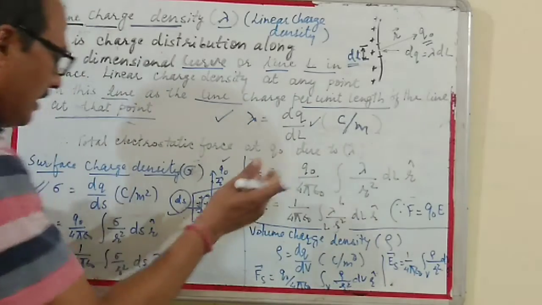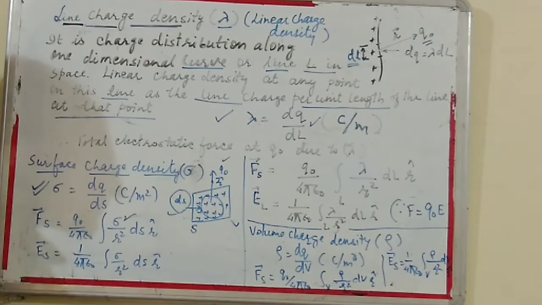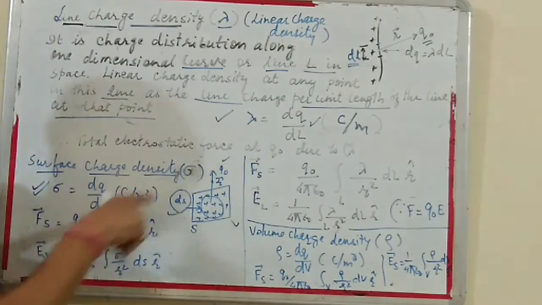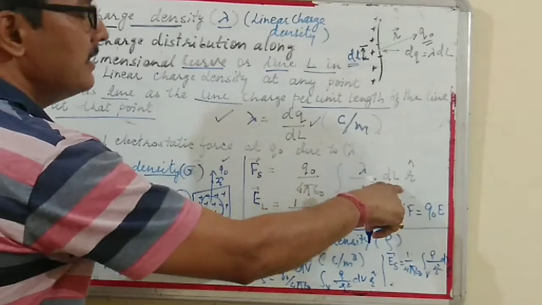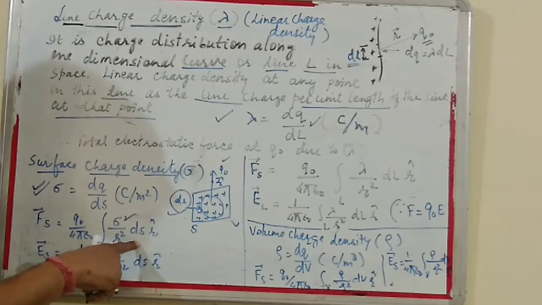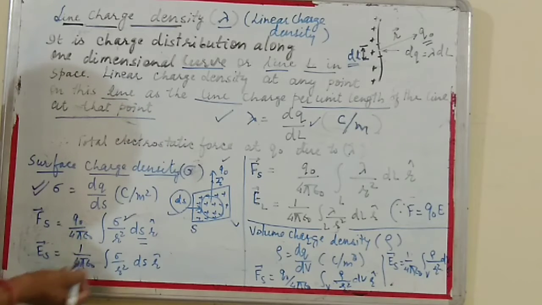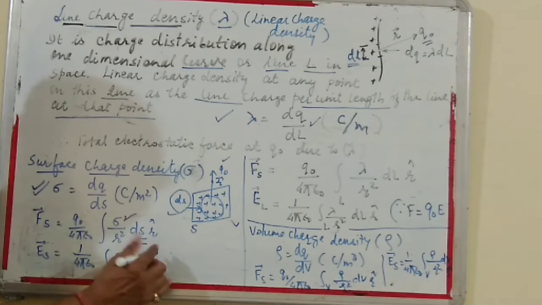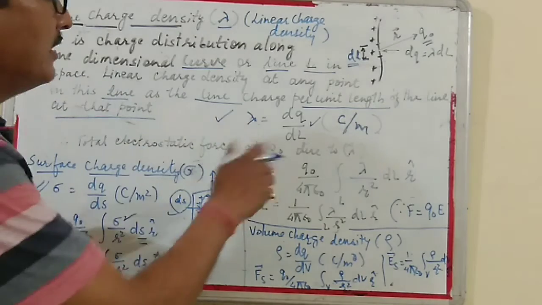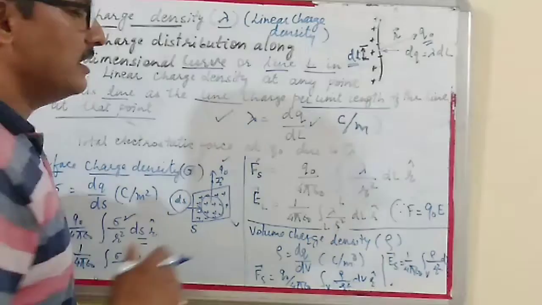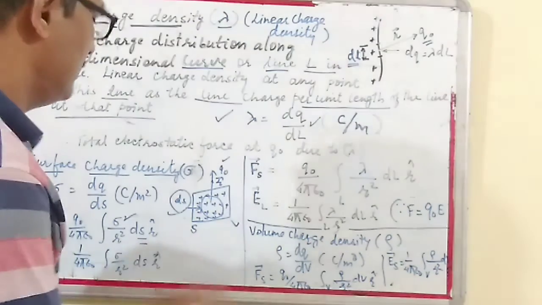It is the same thing; the only change is surface charge density in place of linear charge density, and area in place of length, denoted by small ds. The electrostatic field intensity at that point is 1 by 4 pi epsilon naught sigma by r square ds r cap.